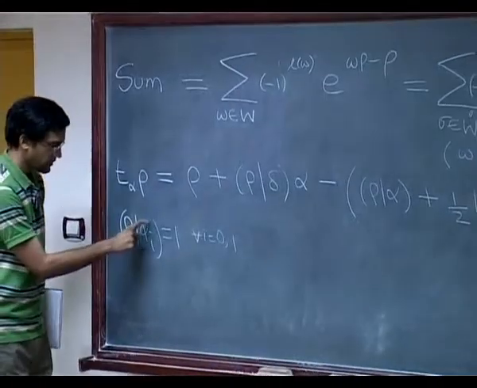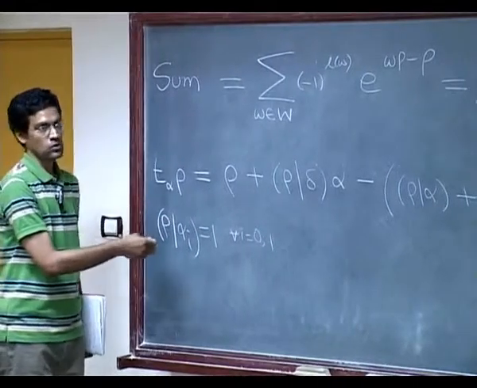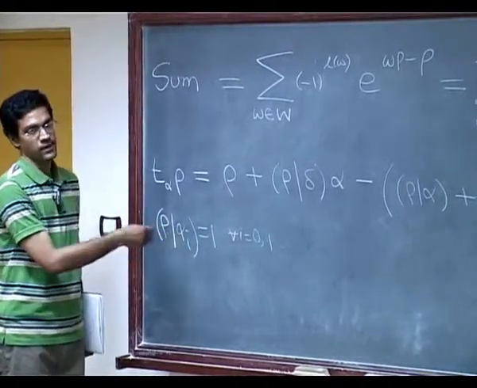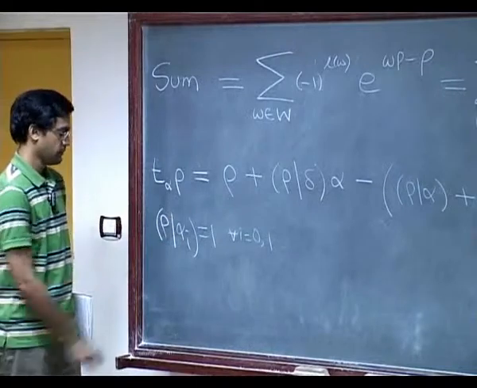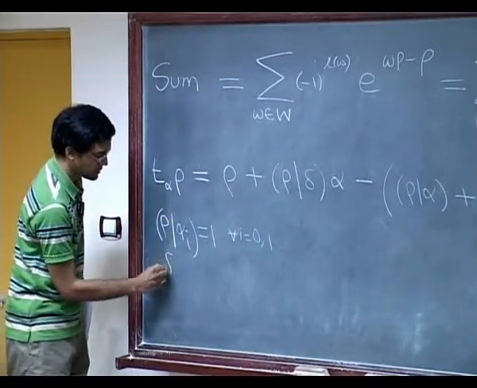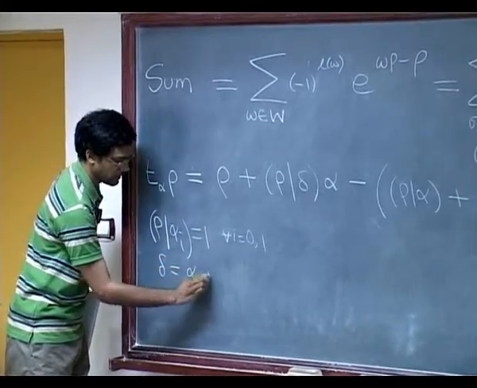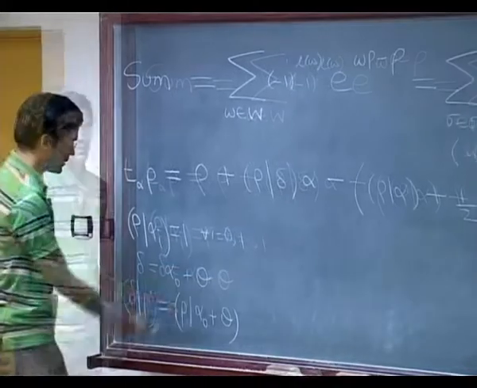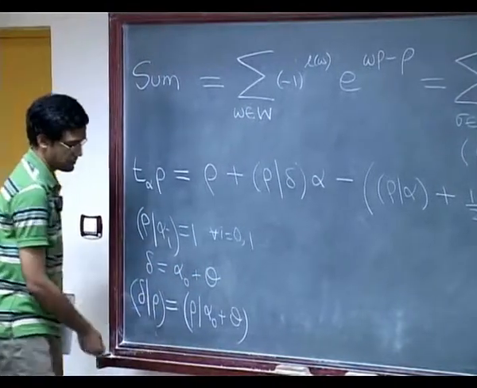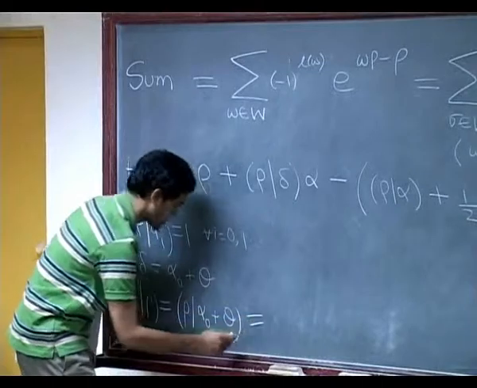It should actually be alpha I check, but since the norm of alpha I is taken to be 2, alpha I check is the same as alpha I, 2 alpha I over alpha I, alpha I. So therefore this is 1. And delta in the case of SL2, recall by definition, delta is always alpha 0 plus theta. In general you will get some number which in Macdonald's original paper he calls g.